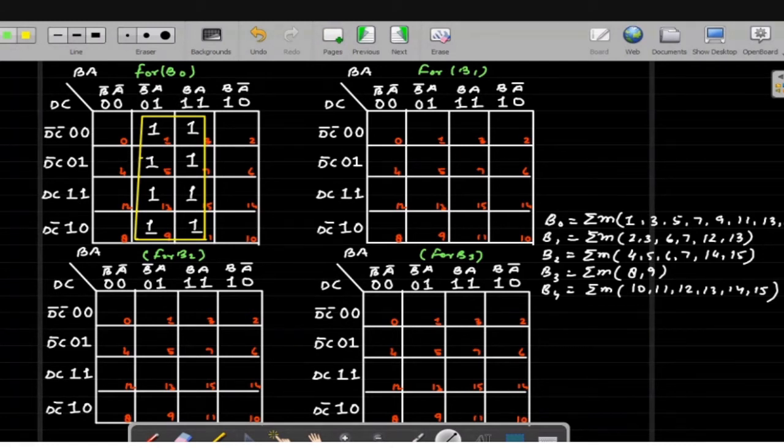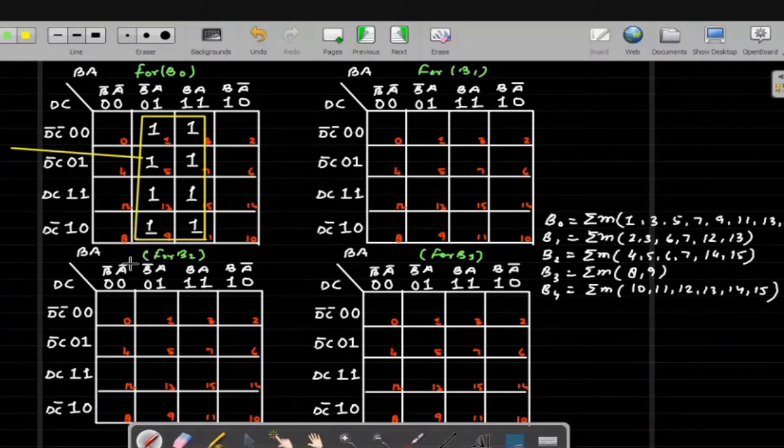And this is very interesting, because you are trying to solve B naught, and when you solve it, you will get A. If you remember the note point we gave you at the time of grouping these cells: if we make a pair, 1 variable is eliminated. If you make a quad, 2 variables are eliminated. If we make a group of 8 adjacent cells, 3 variables are eliminated.